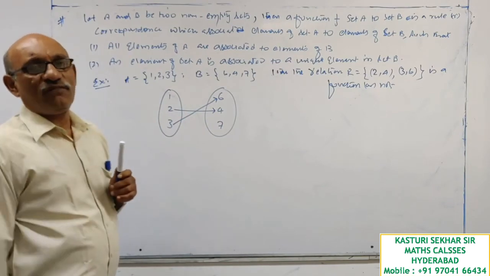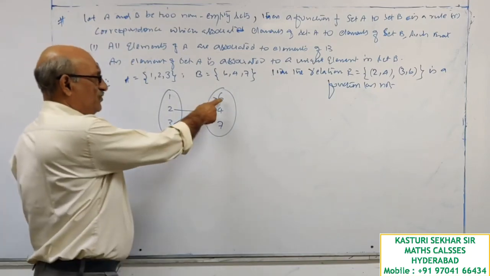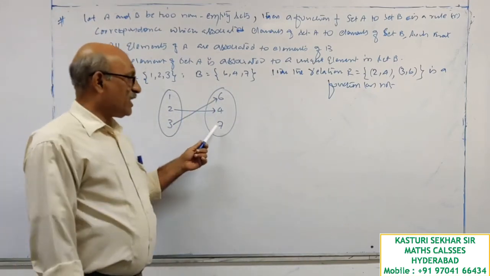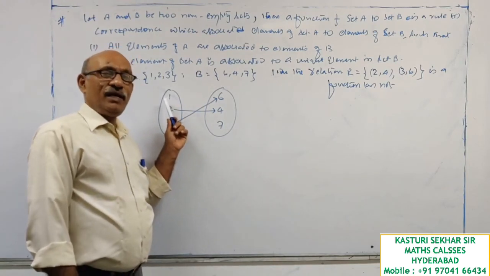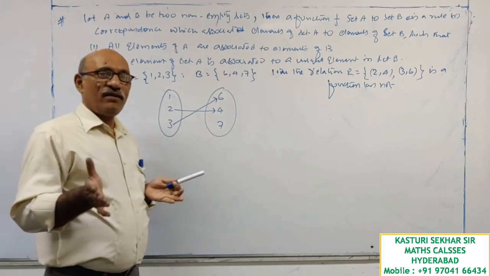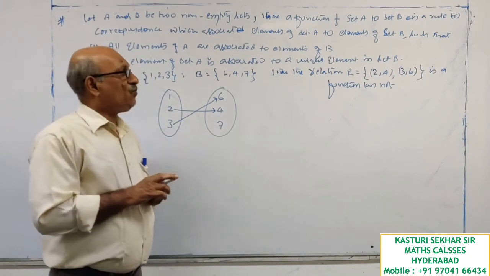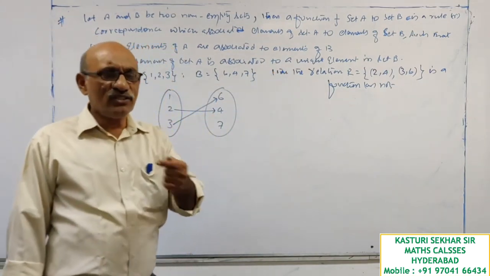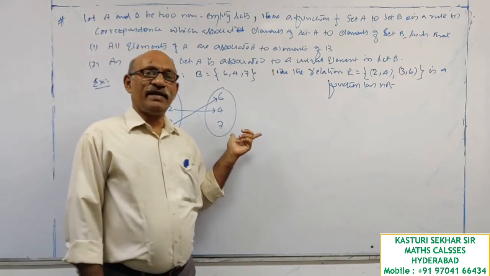It is not a function from A to B. Similarly, you can see B to A also. 6 is related to 3, 4 is related to 2. But there is an element 7 which has no association with any element in set A. So it is not a function from A to B and it is not a function from B to A. This way you have to verify whenever any relation is a function or not.